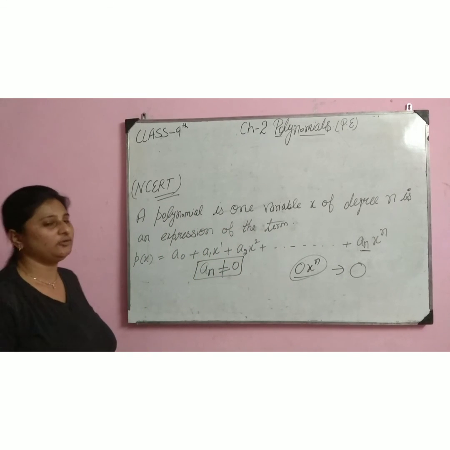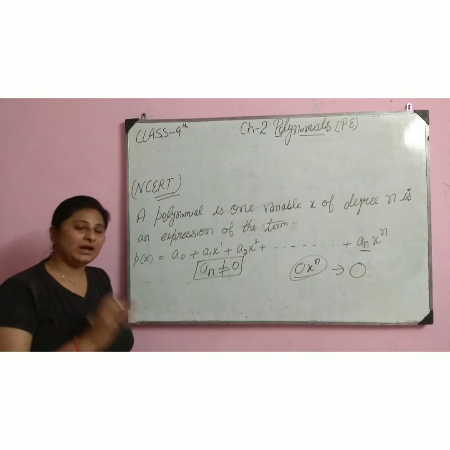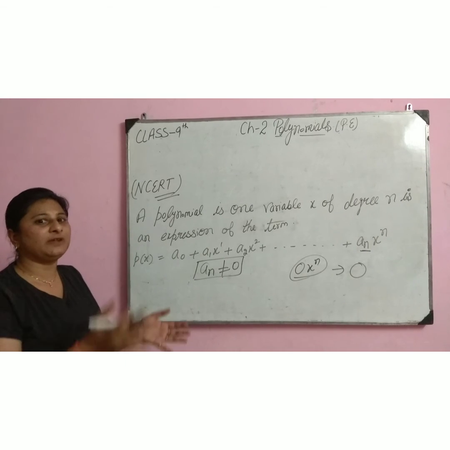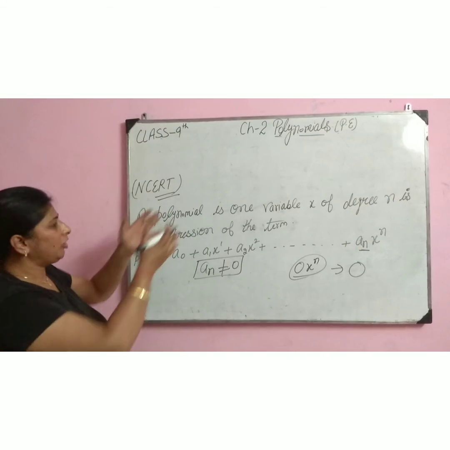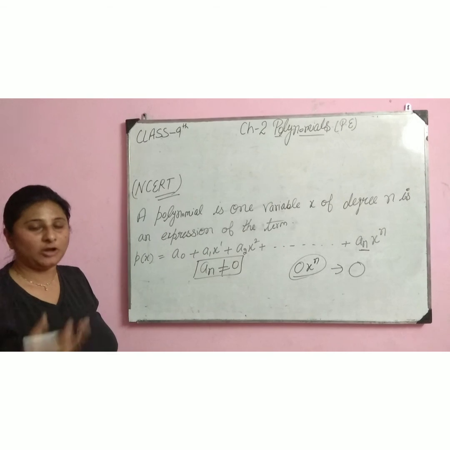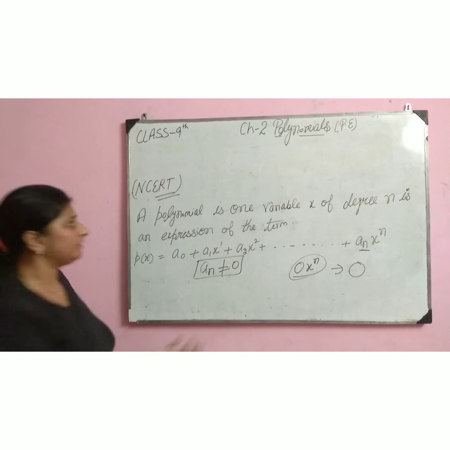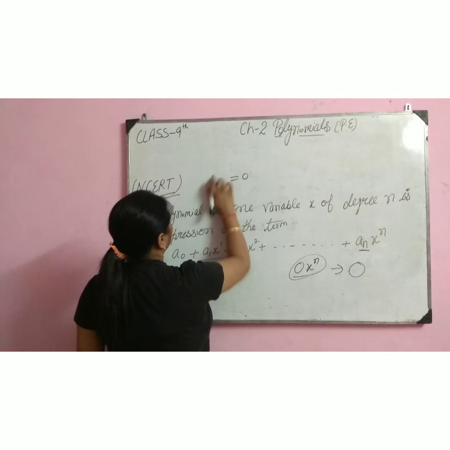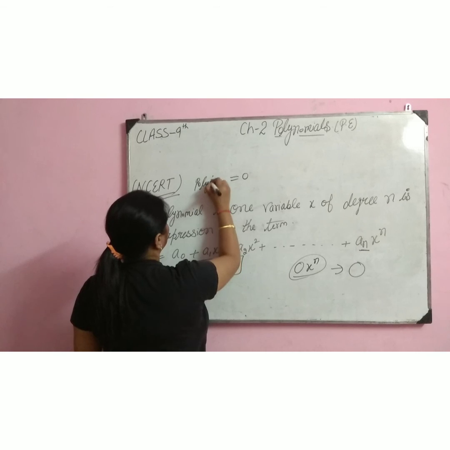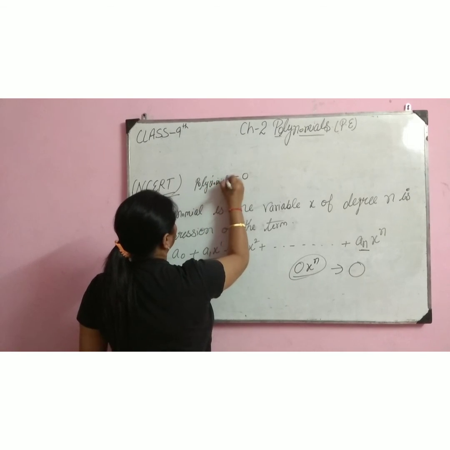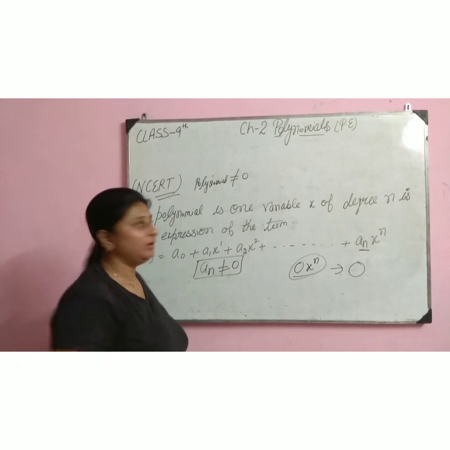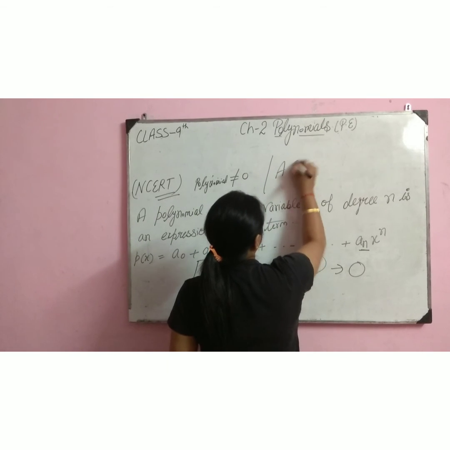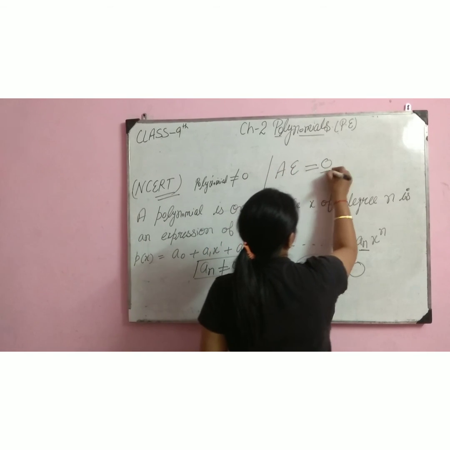Here I tell you one thing very clearly. I am explaining the difference between a polynomial and an algebraic expression. The most important thing is that a polynomial can never be equal to 0, while an algebraic expression can be 0.